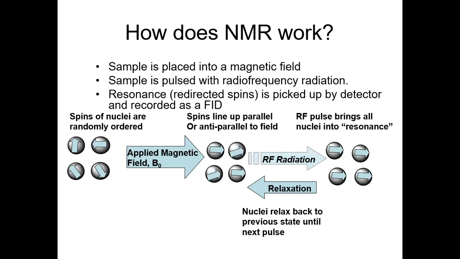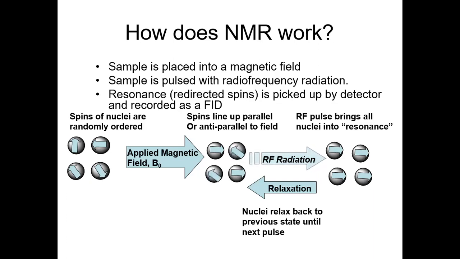But they don't stay. So they line up, and then they relax back to their original state, and then they keep doing that. Depending on what kind of experiment you're running, the normal proton NMR experiment is 16 scans. So you'll pulse this thing 16 times. It'll line up, then it'll relax. It'll line up, and then it'll relax.